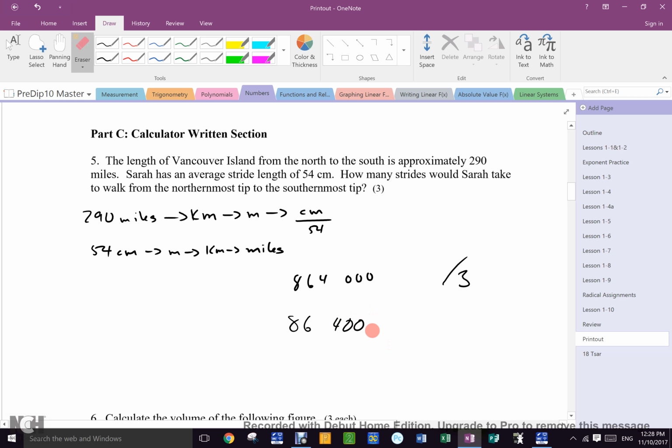That's 2 out of 3 because they only missed the decimal place. If they're way off, they missed the conversion twice, or they multiplied when they should have divided, that would be 1 out of 3. If they did no attempt at a conversion, they did something with 290 and 54, nothing.